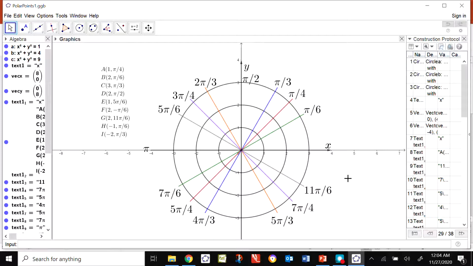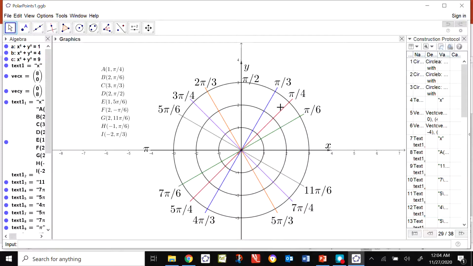Boy, that graph looks a little busy, right? But look at what I'm trying to show you there. I drew three different circles of radius 1, 2, and 3 respectively. And we have this traditional XY. At pi over 6, which is 30 degrees, I drew one line segment.